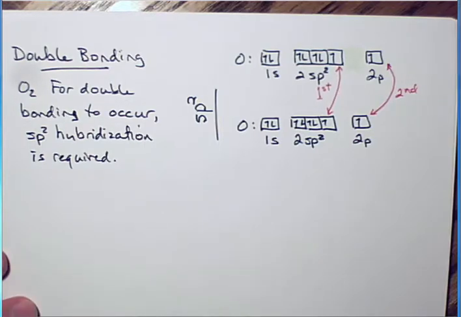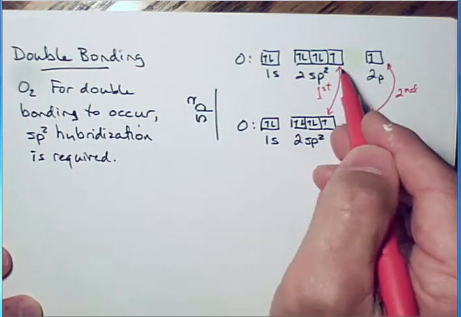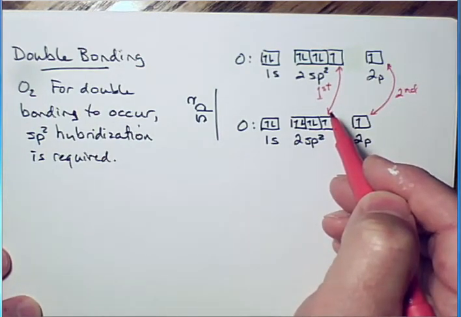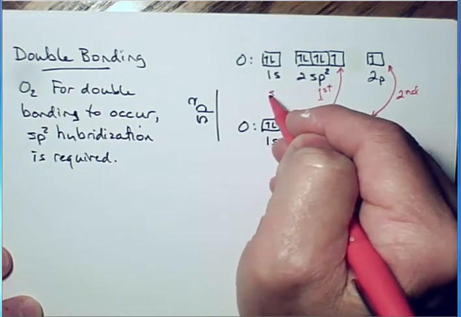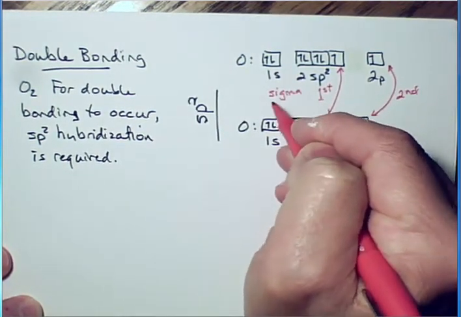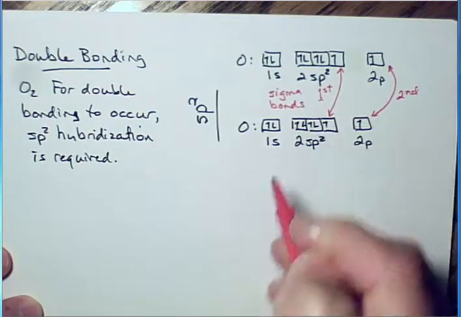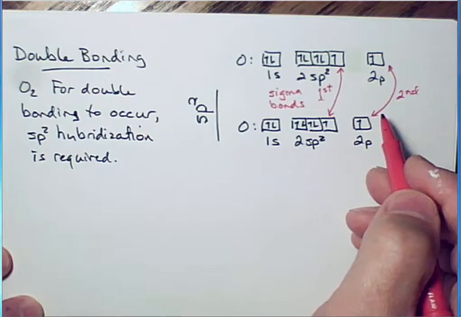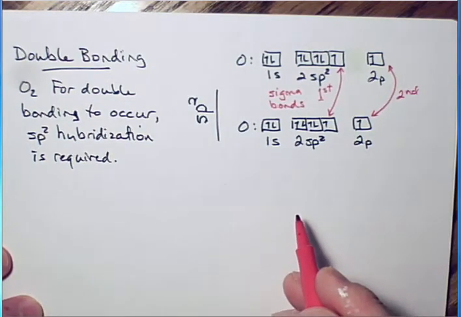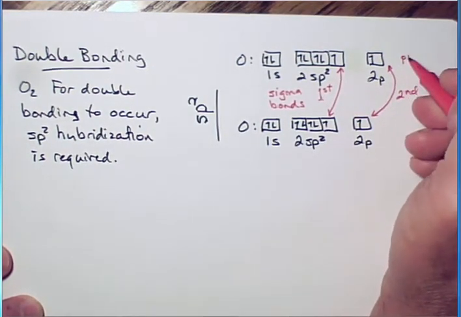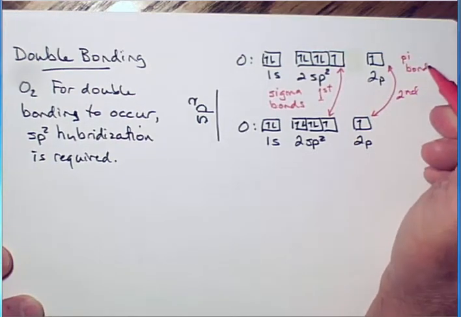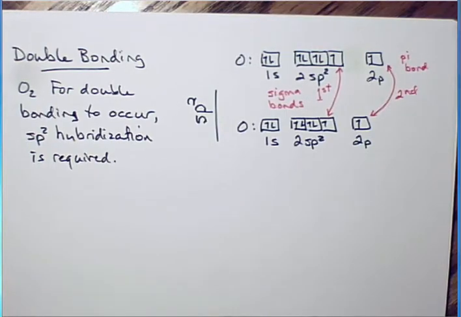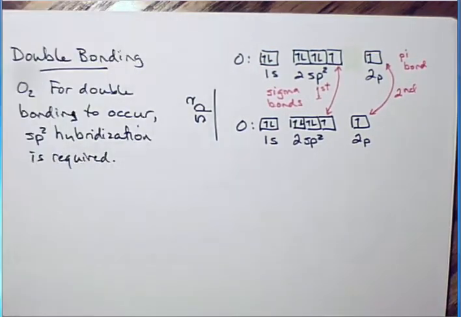Now, just to give you a heads up about what's coming: bonds between hybridized orbitals are called sigma bonds. But covalent bonds between unhybridized orbitals are called pi bonds, just like pi in math, not like the pie you eat for dessert.